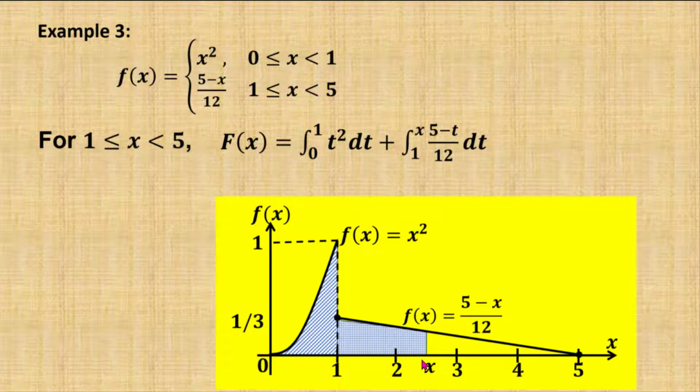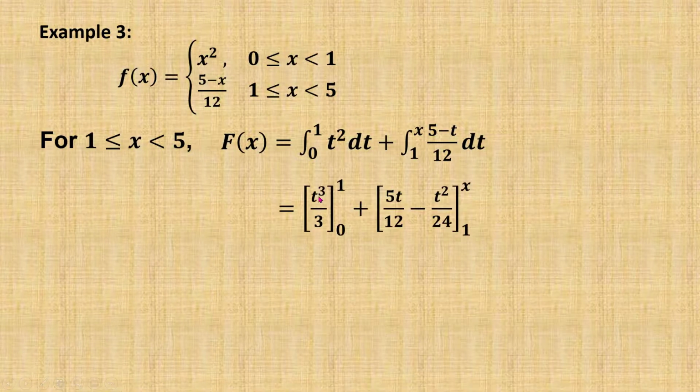Because the cumulative function is up to the value of x, not the whole interval. To avoid getting confused with the letter x, the density function f of x is changed to f of t. After the integration, we will get something like this.